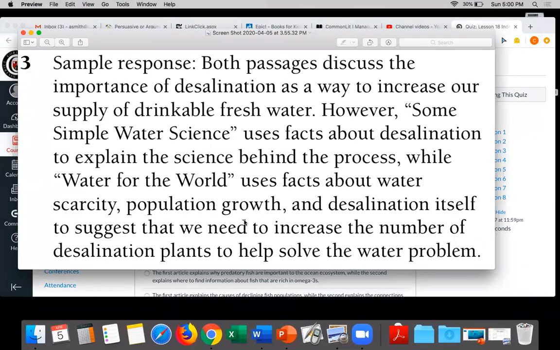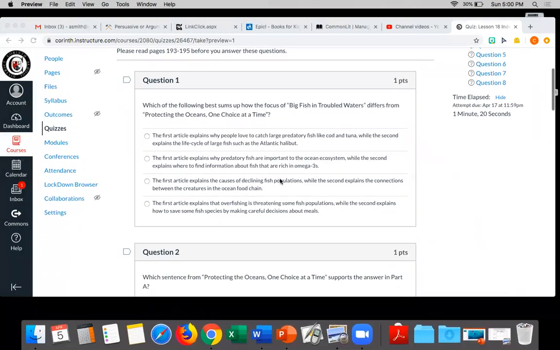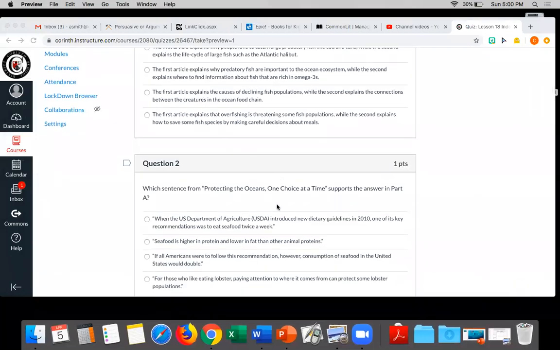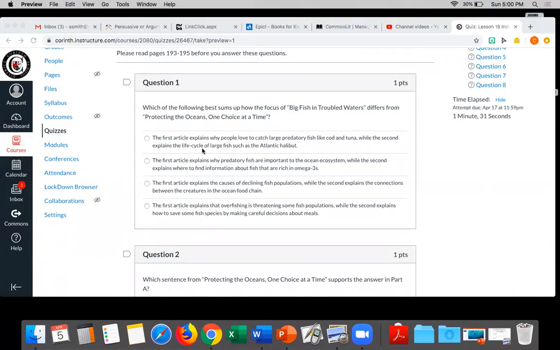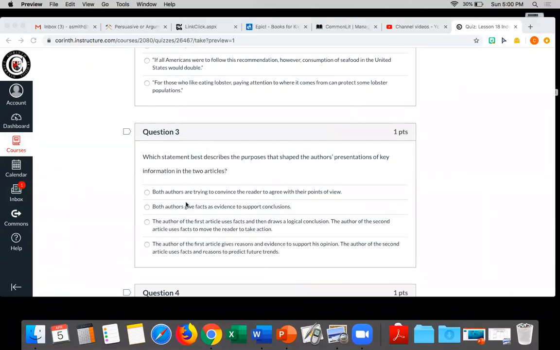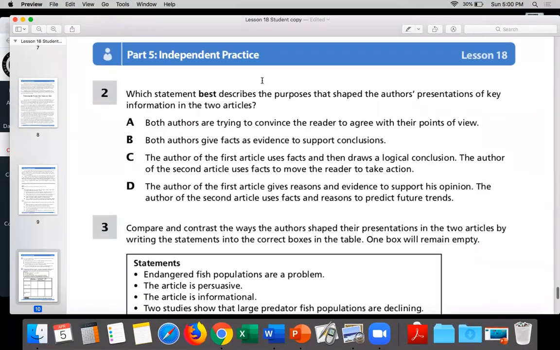So on independent practice, close out of that. You've got question number 1. Now this is actually question number 1, part B. So it says part A, and that's number 1. And then you got number 3, which would actually be number 2.